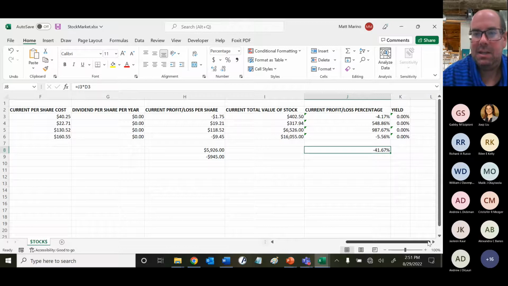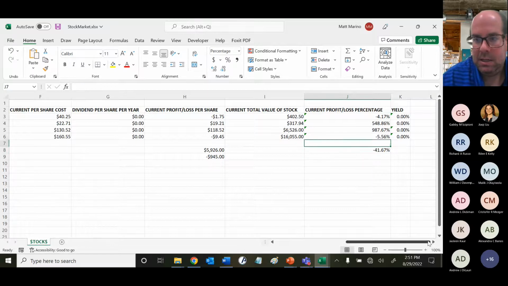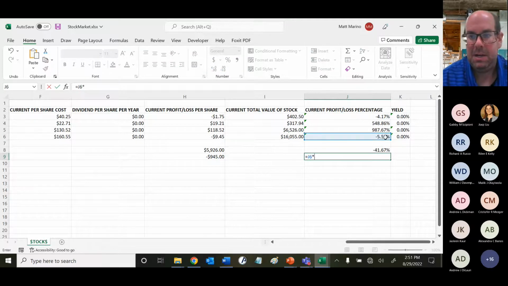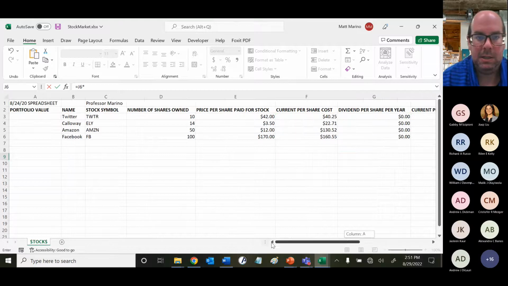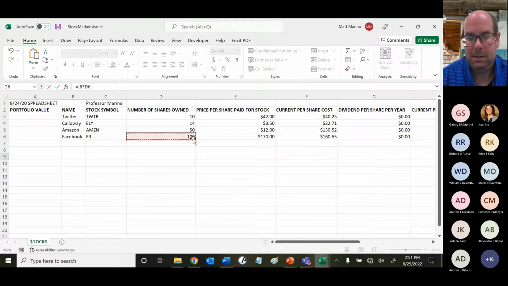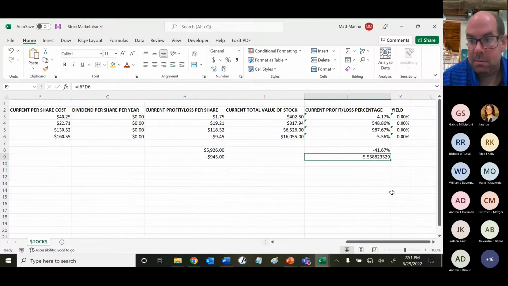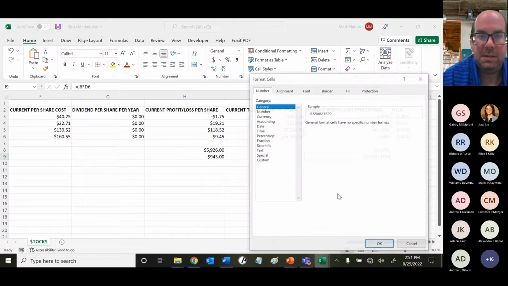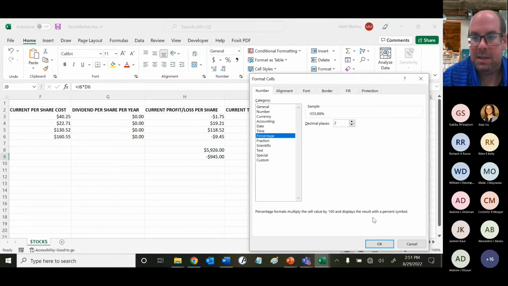So technically that's down 41.7%. So this will be down, what was that, 100 we multiplied it by? So again, we can right click it, format cells, set to percentage.